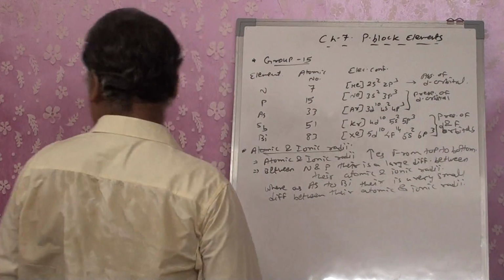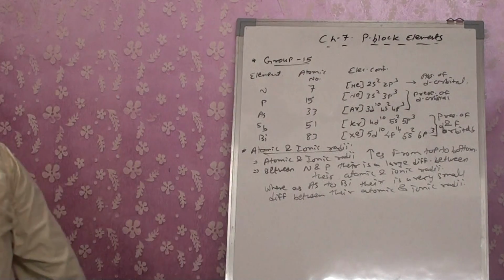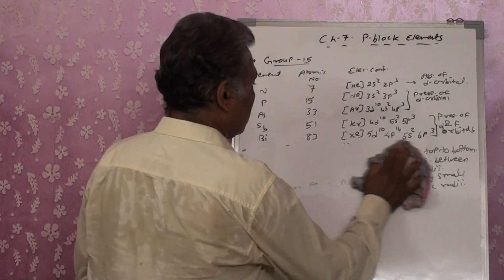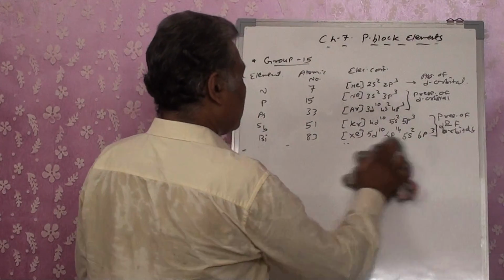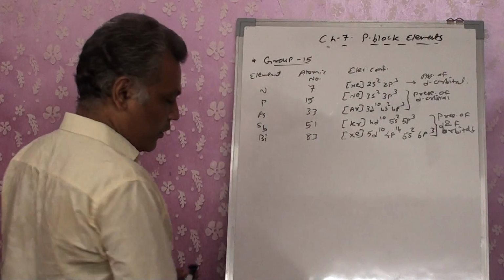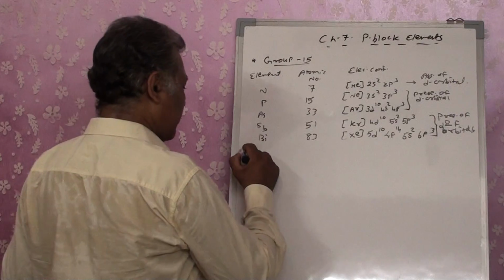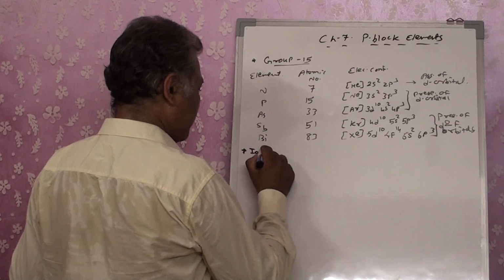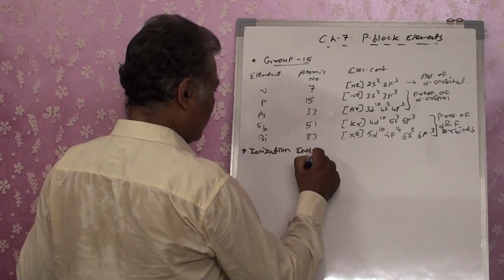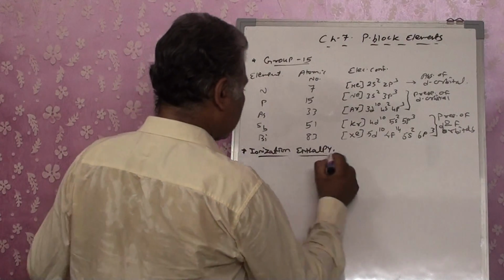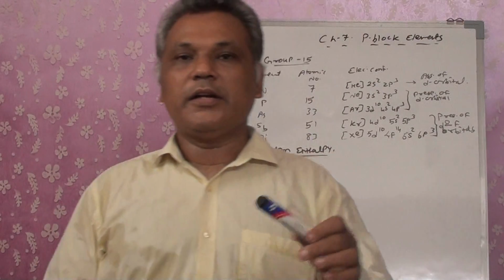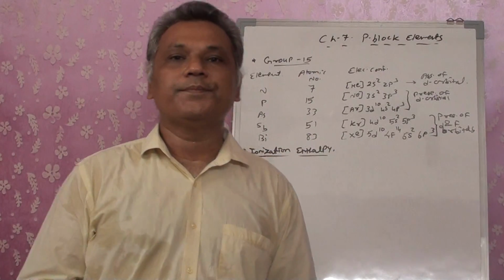Let's go to the second one. The second factor we will discuss is related to the ionization enthalpy. Before we discuss it, it's necessary that we revise what ionization energy is.